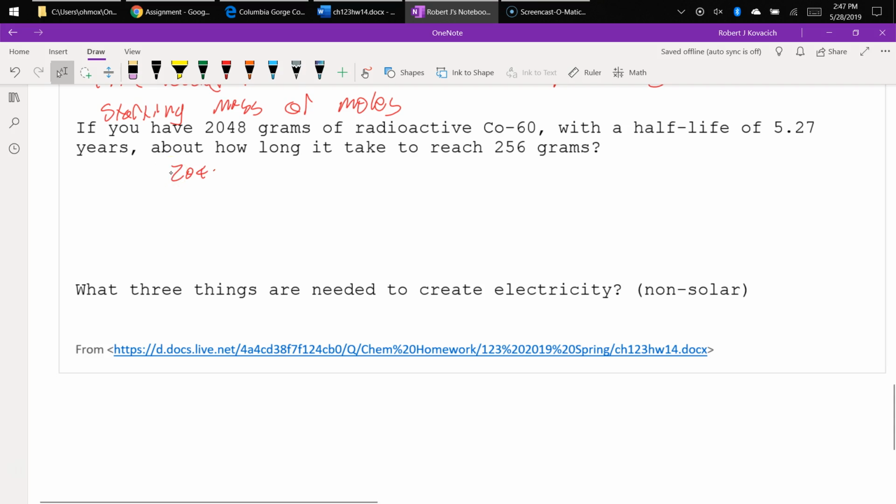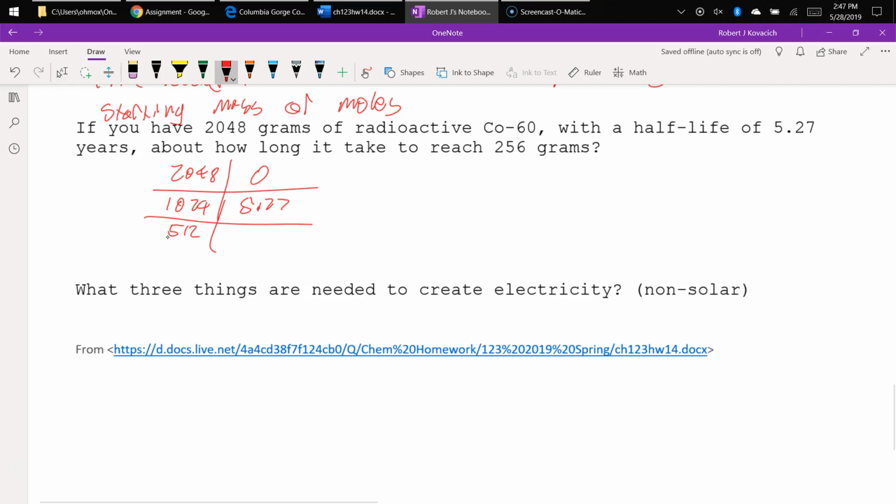Okay, so 2048, and that's going to be at time equals 0, and then 1024, which is 5.27 years, and then 512, 5.27 times 2, so this is 10.54, and then 256. 15.81 years.